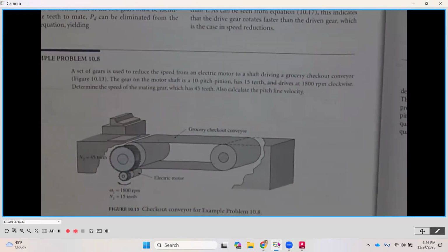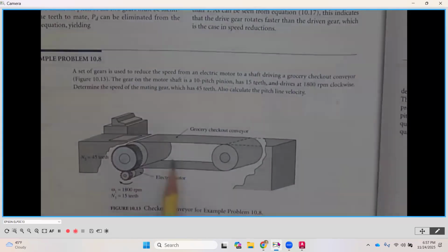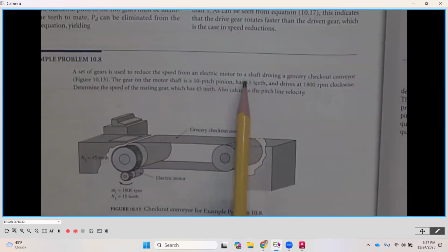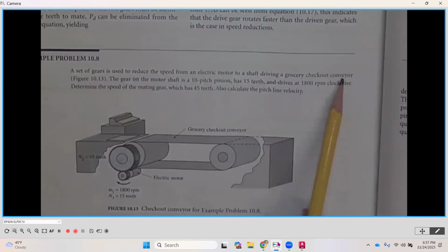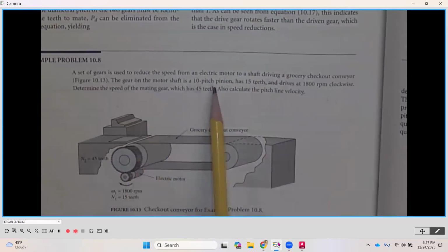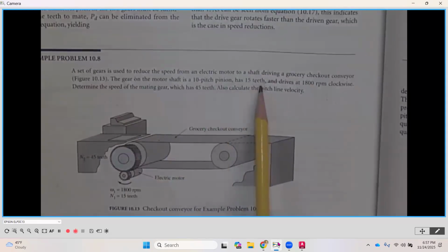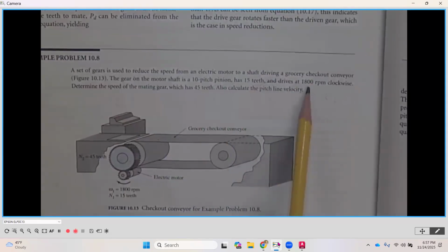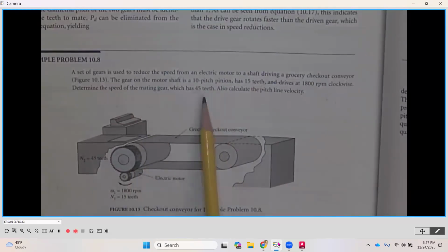It says here we have a set of gears to be used to reduce the speed of an electric motor to the shaft driving a grocery checkout conveyor. The gear on the motor shaft is a 10-pitch pinion, has 15 teeth, and drives at 1800 RPMs clockwise. Determine the speed of the mating gear, which has 45 teeth. Also calculate the pitch line speed.